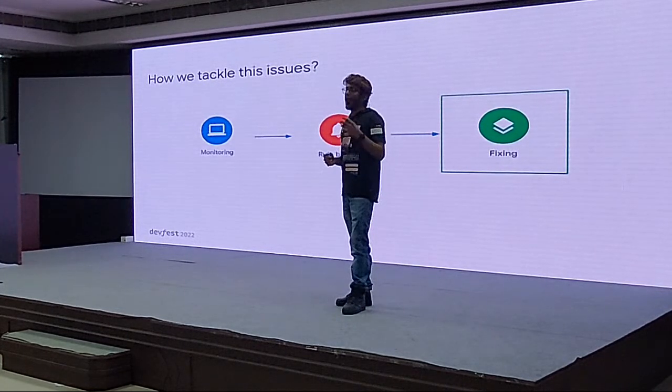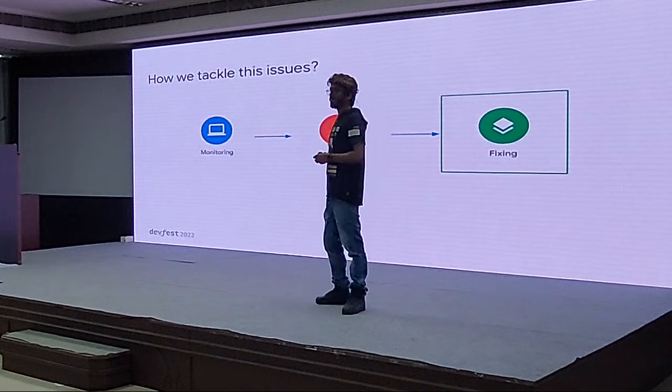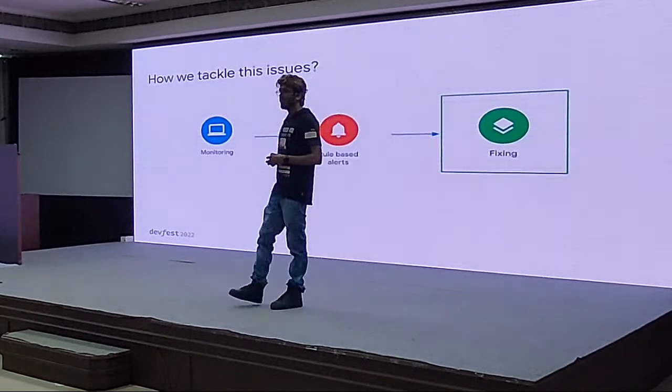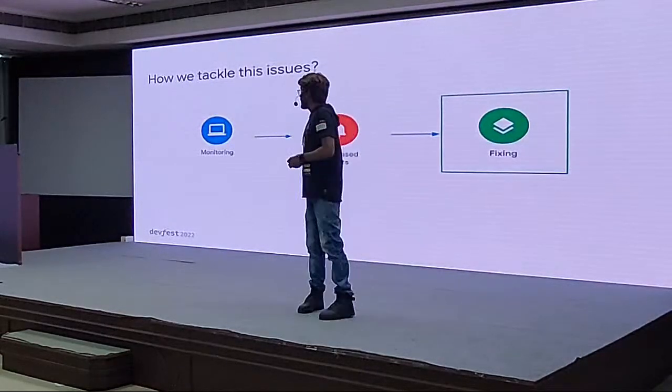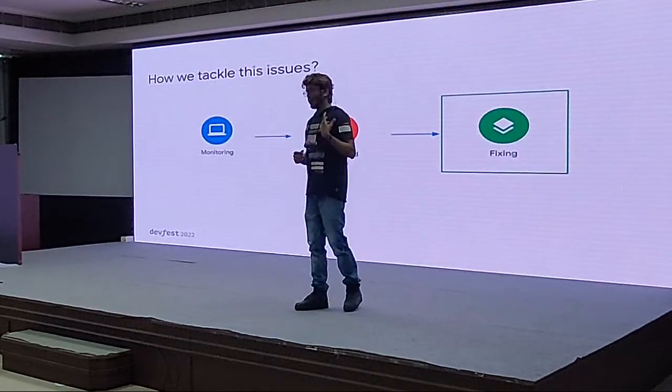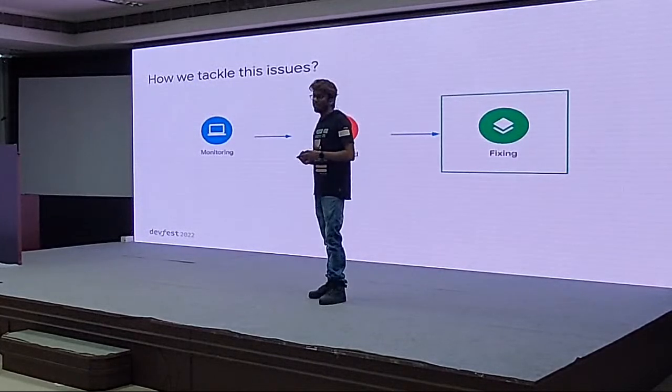If your application has gone down, some user will complain, or it will come up on Twitter: hey, this application is down. Is there an issue, or is it only for me? That's how we will get to know. Our users will start complaining that the application is not working very well.